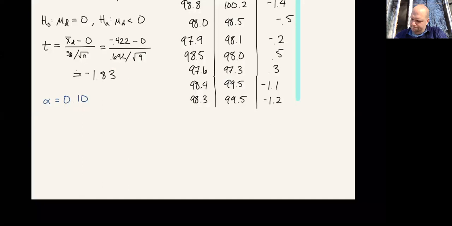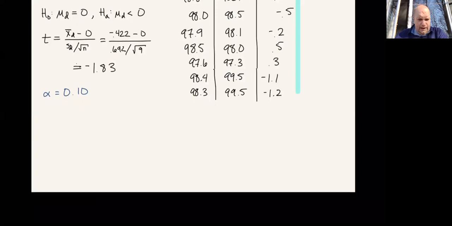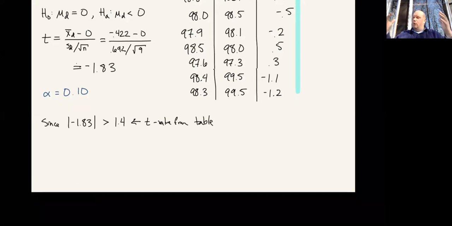And we find that the key t-value is 1.4. All right. So if we come back to our example, since the absolute value of our t-value, the positive version of it, is greater than 1.4, the t-value from the table, that t-value being bigger means it's more extreme and therefore more favorable to the alternate hypothesis.